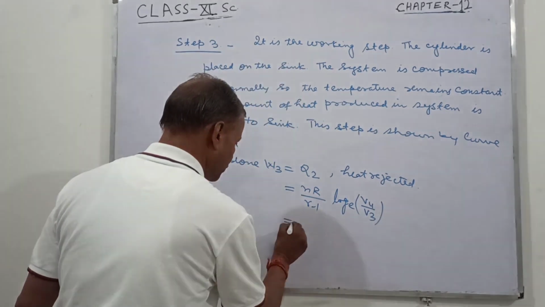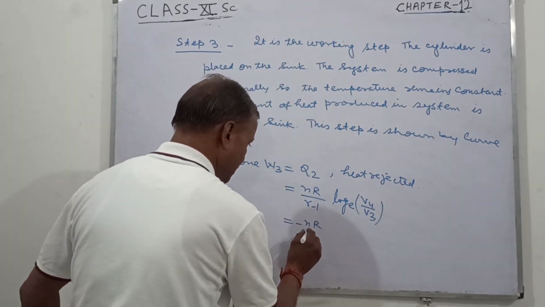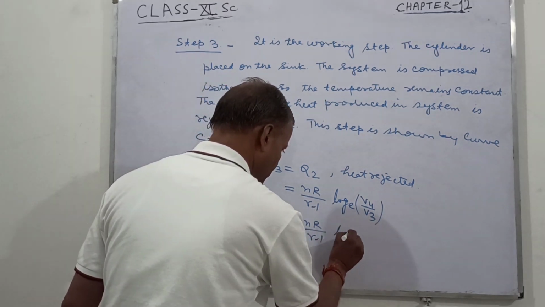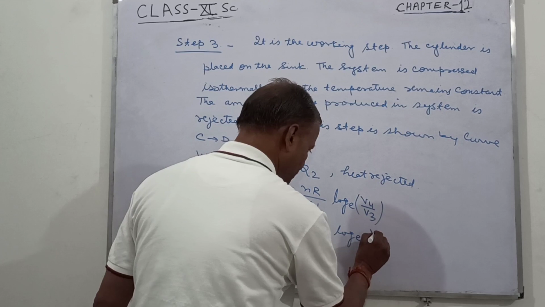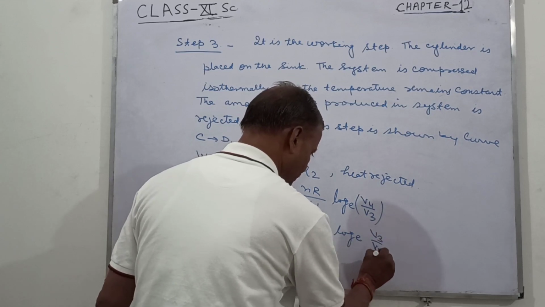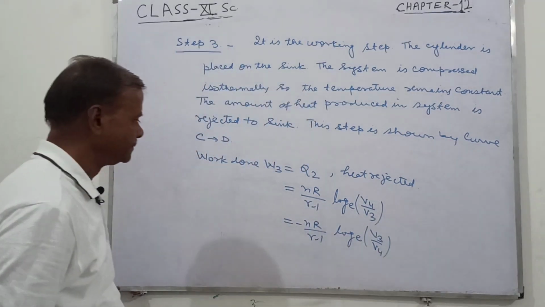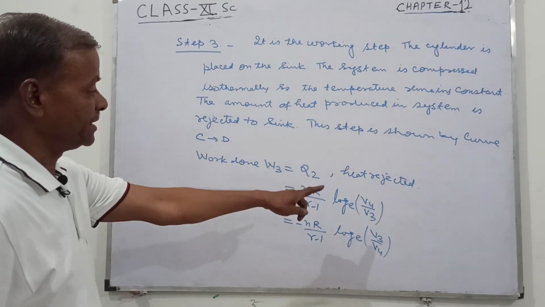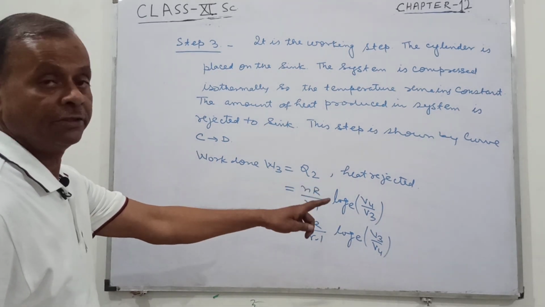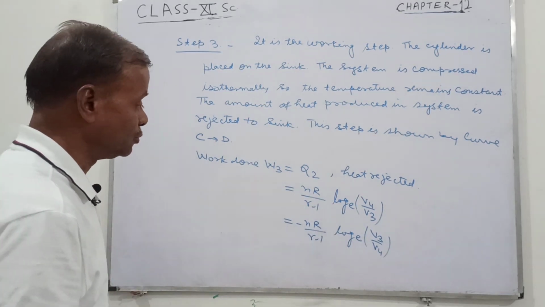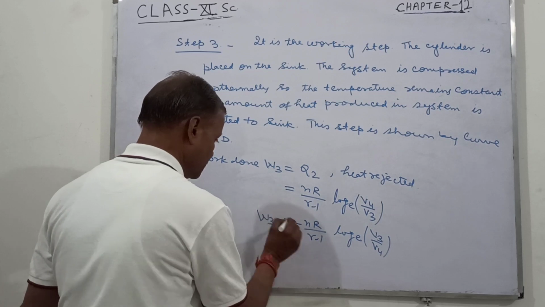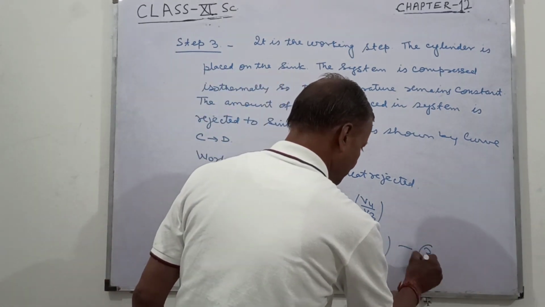So we can write it to be minus nRT2 log e V3 upon V4. This is the amount of heat rejected by the system to the sink. So this is the W3. This is equation number 3.